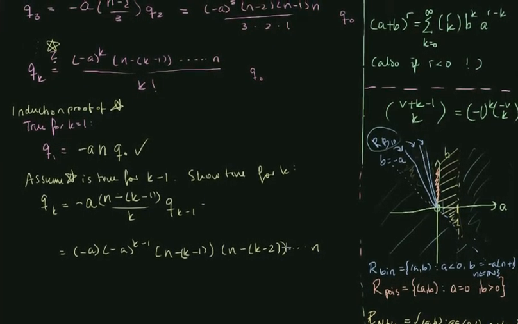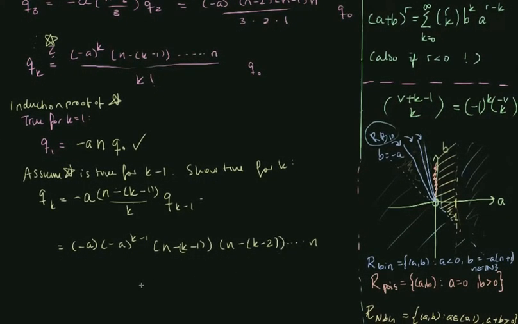And then we have this divided by k, and the one on top for k minus 1 is k minus 1 factorial q0. And, well, this just gives us what we want, right?